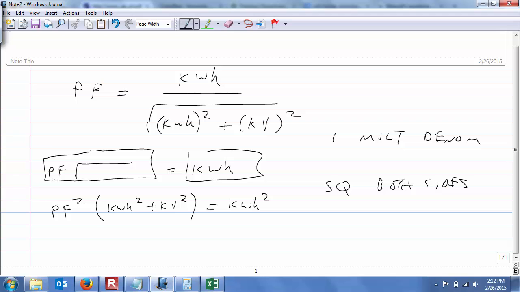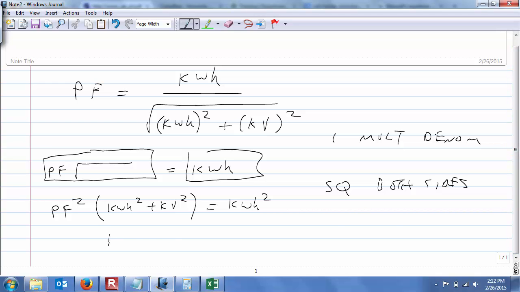See that? So power factor got squared, there it is. This square root got squared, so both things underneath popped right out. And I had to put them in parens because they're added together, my dear Aunt Sally. Kilowatt hours itself got squared also.